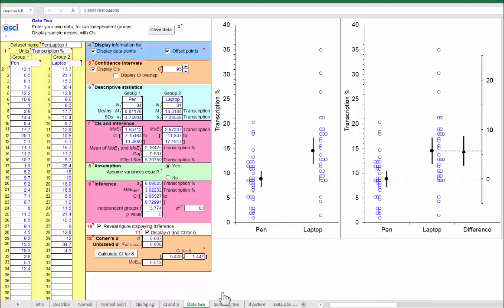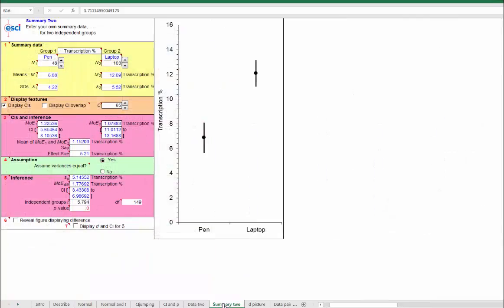Next, I'll switch to the Summary 2 page, which is actually data for the Pen Laptop 2 study, and this page allows us to analyse data when we have just the sample sizes, means and standard deviations, the summary statistics for a study, rather than the full data.